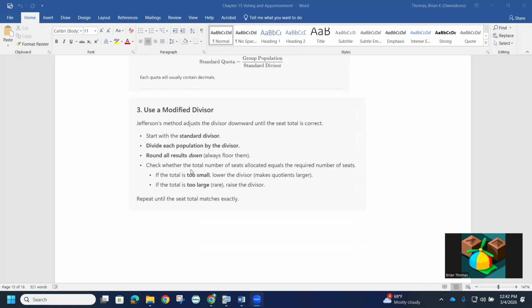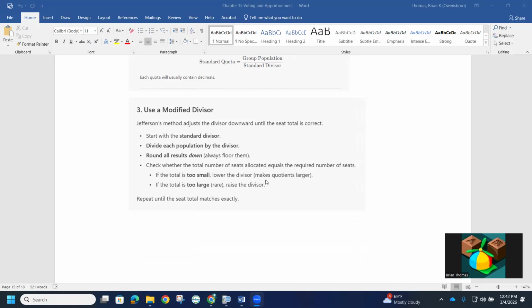And then from there, we check the total number of seats allocated and see if it equals the required number of seats. If it's too small, then we lower the divisor, which is going to make the quotients larger. So the goal is to create a number that matches the allocated seats. Very rarely do we create something that's too large where we have to raise the divisor back.